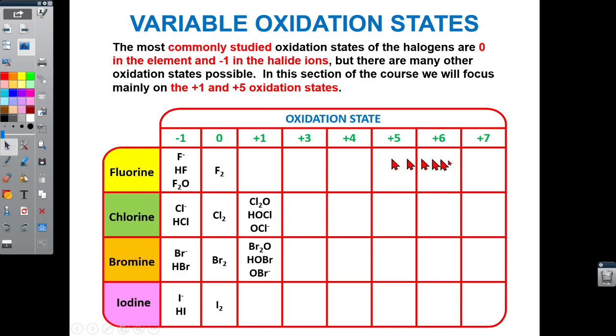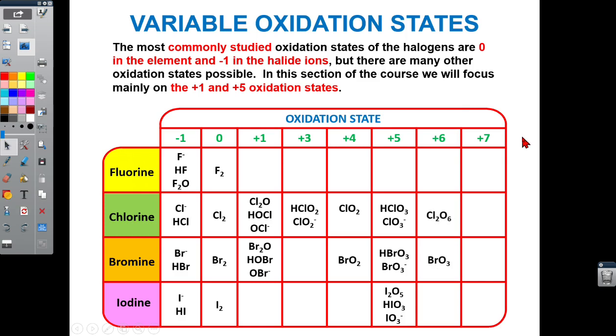It very rarely forms anything above -1 or 0, but not so for the others. So chlorine and bromine, we can get oxidation state +1. For chlorine, we can get oxidation state +3. +4 is possible. +5 is quite a popular oxidation state for chlorine, bromine, and iodine. And we can form oxidation state +6 and even +7.